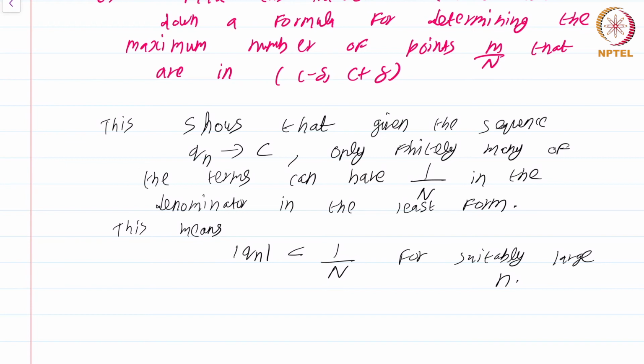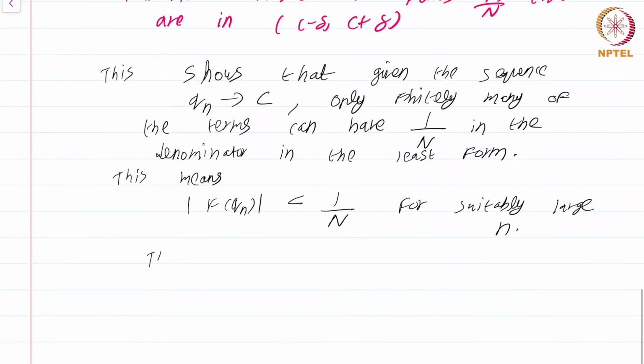That means mod f of Qn has to be less than 1 by n for suitably large n. This proves that the limit of f of Qn, as Qn converges to C, is 0.